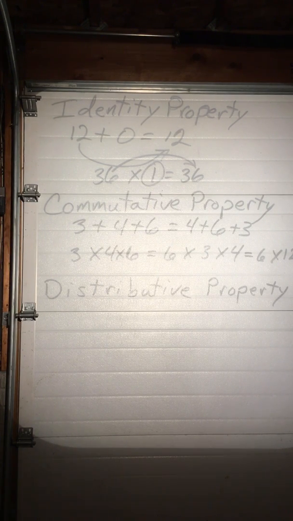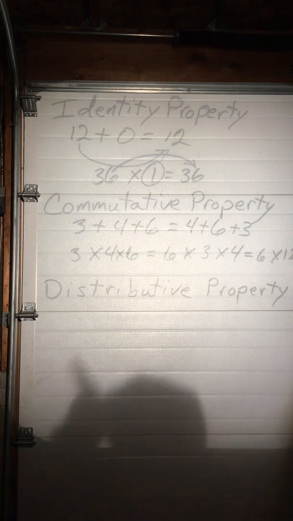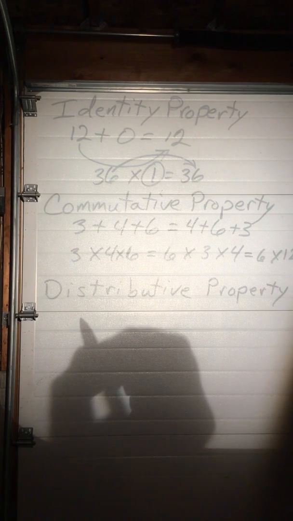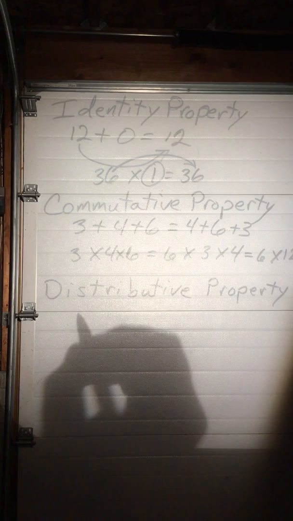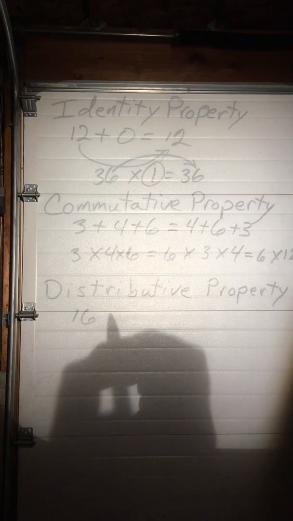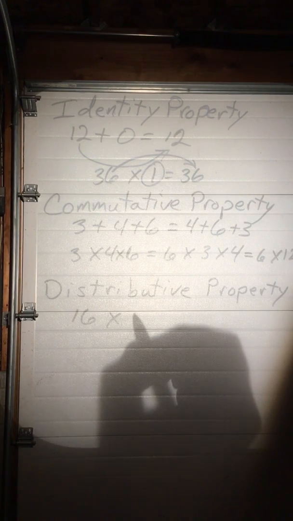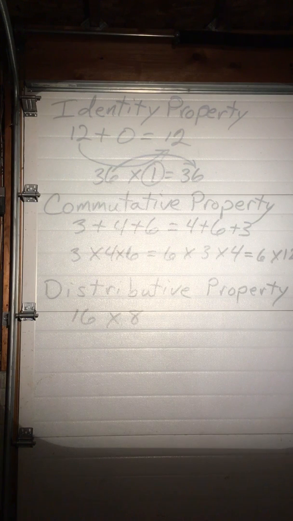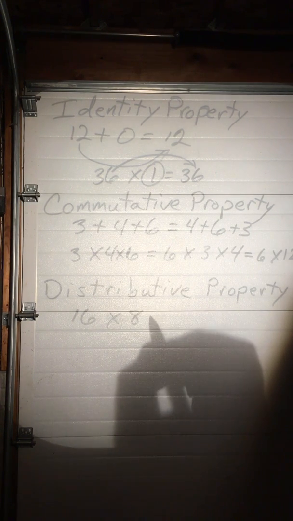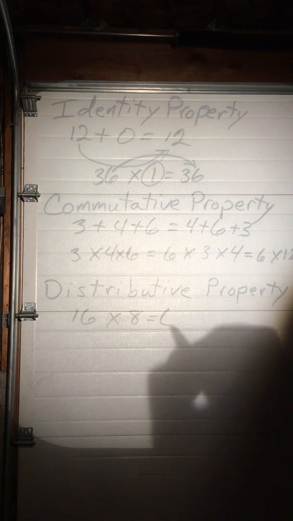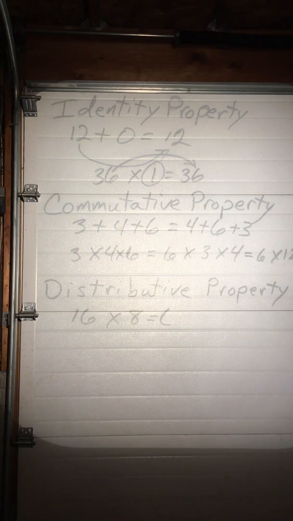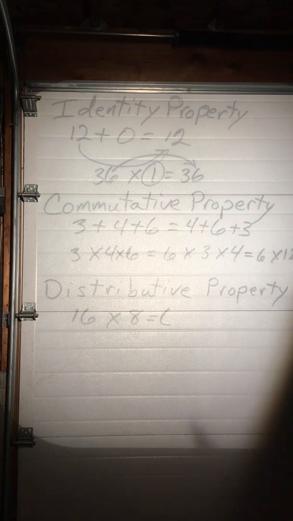The distributive property, if we have multiplication problems that we don't know, say 16 times 8, we can use the distributive property to separate it out into 2 or 3 or 4 multiplication problems and then add them back together again.